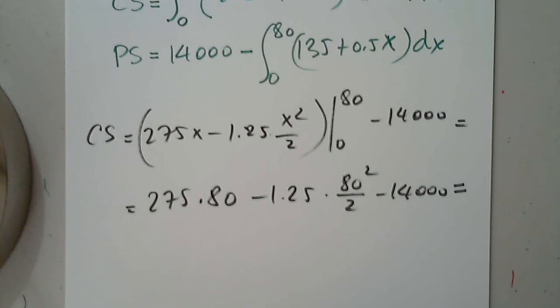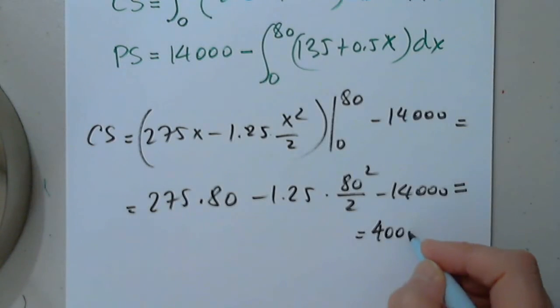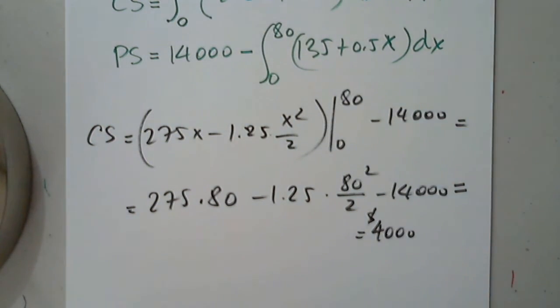And don't forget to divide by 2, and minus 14,000, and enter. So that is 4,000. That is 275 times 80, minus 1.25 times 80 squared divided by 2, minus 14,000.